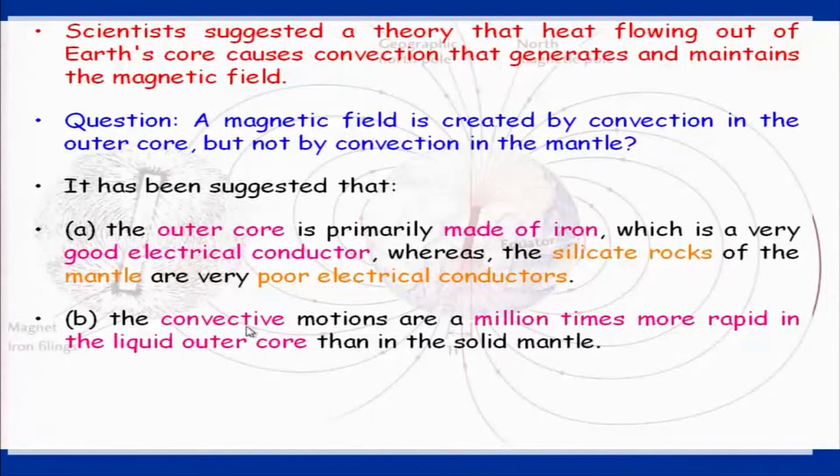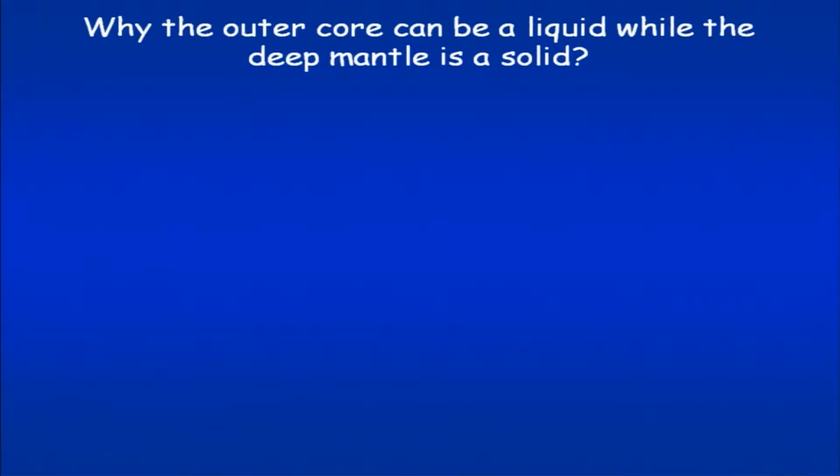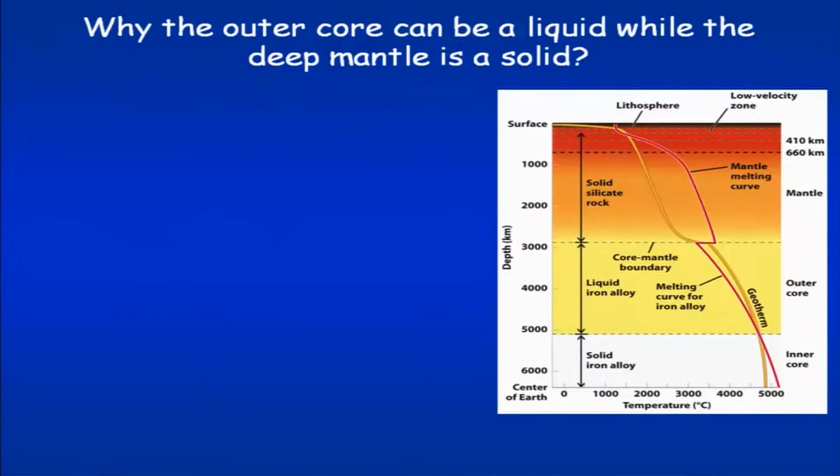So the convective motions are 1,000,000 times more rapid in the liquid outer core than in the solid mantle. This rapid motion stirs up electric currents in the iron to create a geodynamo with a strong magnetic field, and this is one of the reasons why we see the generation of the magnetic field in this region. So, this was the part on the geodynamo.